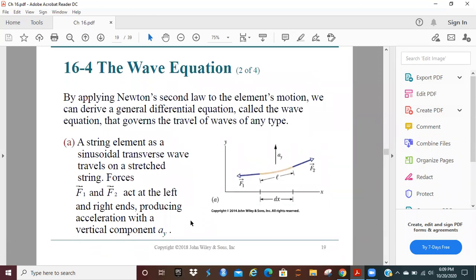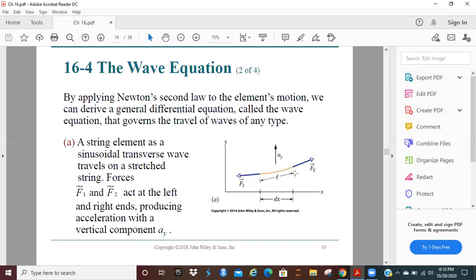By applying Newton's second law to the element's motion, we can derive a general differential equation called the wave equation that's going to govern the travel of waves of any type. So consider a string element as a sinusoidal transverse wave travels on a stretched string. Forces F1 and F2 act at the left and the right ends, producing acceleration with a vertical component, a sub y.